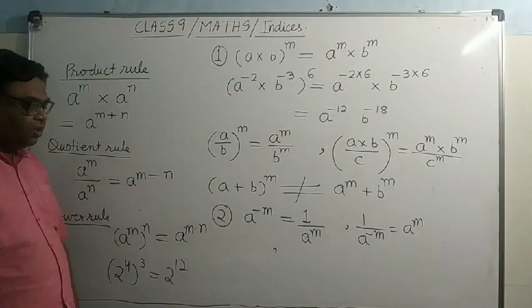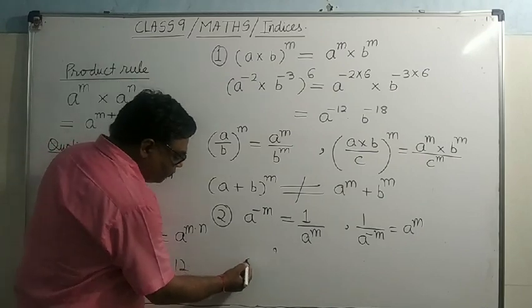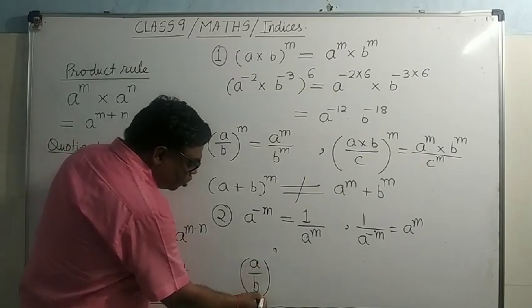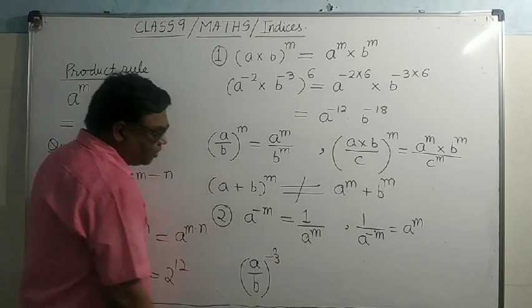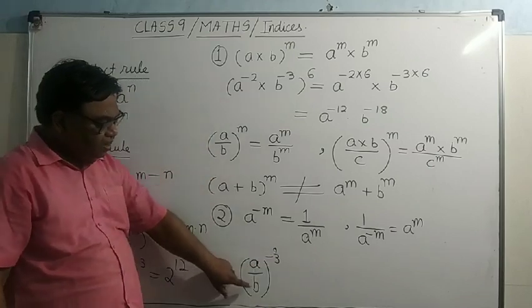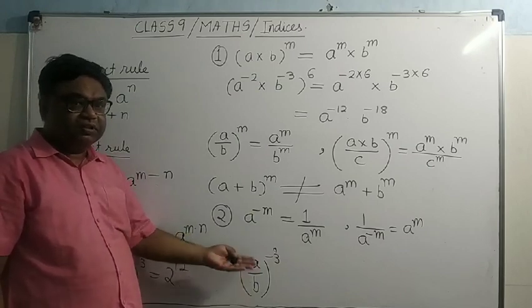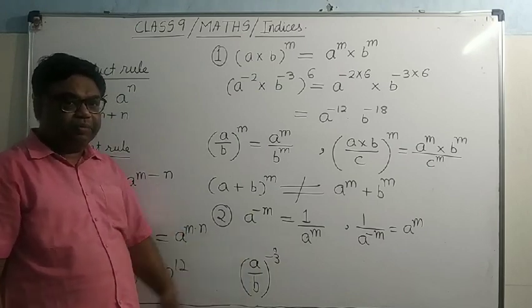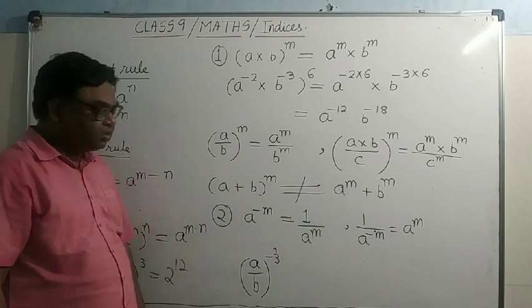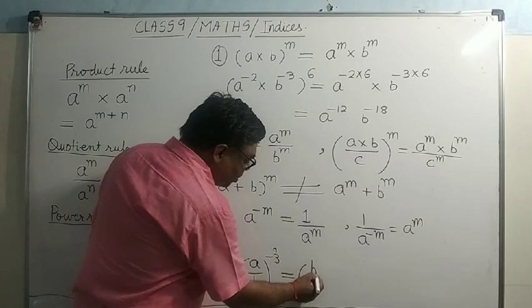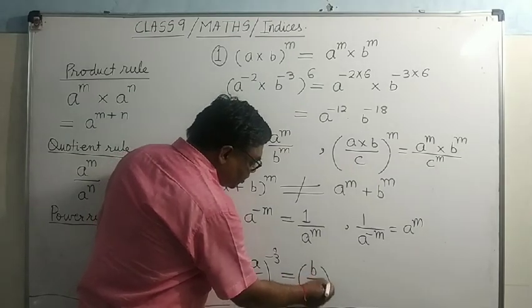Now suppose it is given a by b whole to the power minus 3. By reciprocating the base, by inverting the base, we can make the power positive. It is b upon a whole to the power 3.